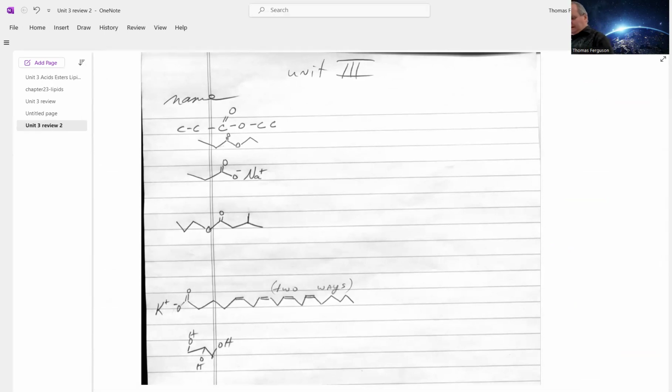Okay, so this first one up here is 1, 2, 3. That's the acid part. And it is an ester, a 2-carbon ester. So that's going to be ethyl propanoate.